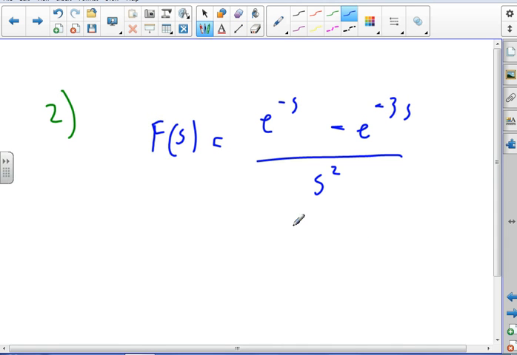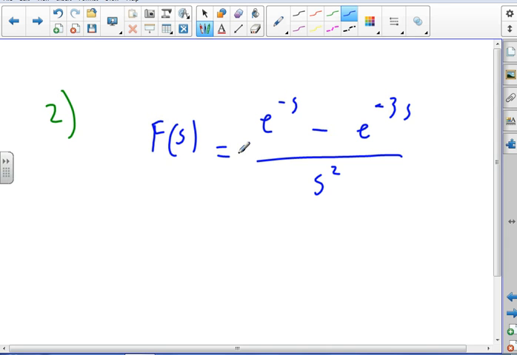All right, so what we want to do is find the inverse Laplace transform, and then sketch the graph. Maybe we'll sketch the graph, we'll think about it. The only thing we have going for us is theorem number 1.